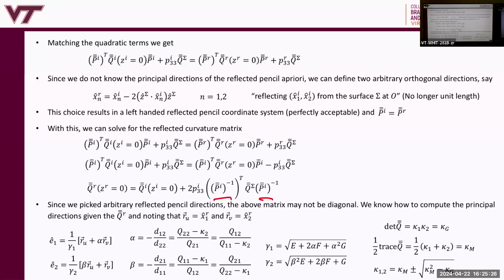To describe the incident pencil and the reflected pencil in the surface coordinates, we had to do a bunch of projections of the vectors of the incident pencil onto the vectors of the surface coordinate system. So we had to do all that, right? Anyway, and the curvature matrix of the surface locally affects the curvature matrix of the reflected wavefront, right? And the incident curvature matrix. Makes sense, yeah?